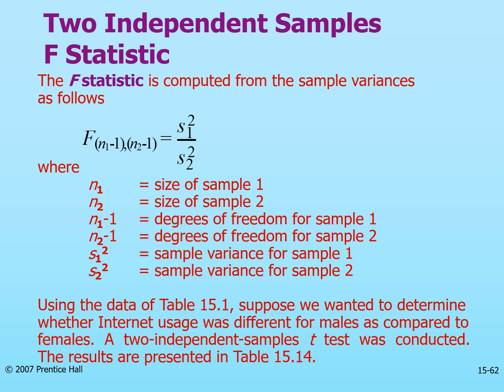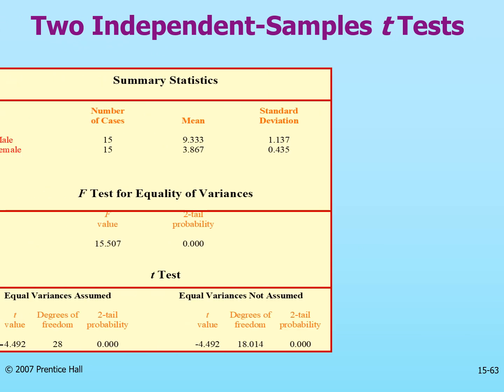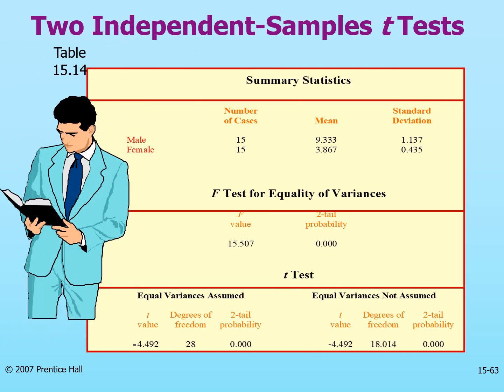The F statistic is calculated. Using table 15.1, suppose we wanted to determine whether internet usage was different for men as compared to women. A two independent sample t-test was conducted and the result was presented in table 15.4. This table I have already given to you. You have the soft copy available, so you should just see it.